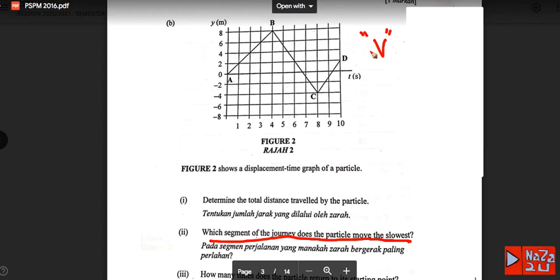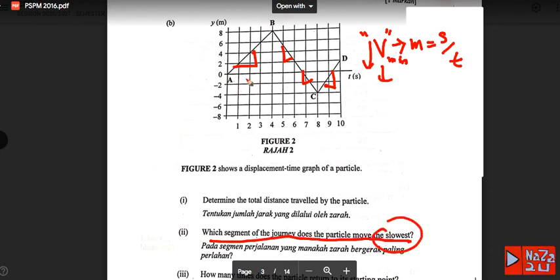For the graph of displacement or distance versus t, you can calculate velocity from the gradient of the graph, s divided by t. So if you calculate the gradient here, and here, and if you find the minimum velocity, meaning we have the slowest.